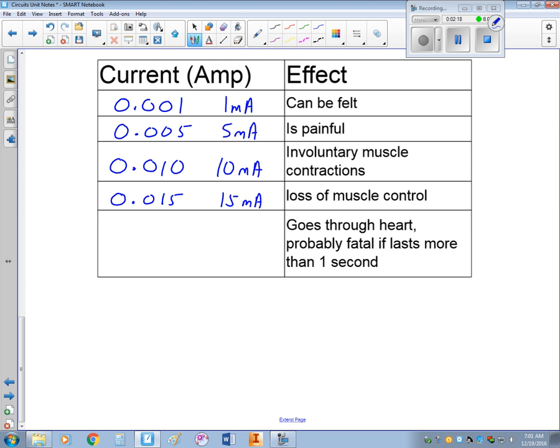At 15 milliamps, you can have a loss of muscle control. And then 70 milliamps, if that goes through your heart, it's probably fatal if the shock lasts longer than 1 second. So 70 milliamps, that's not a lot, but that can be very, very dangerous.